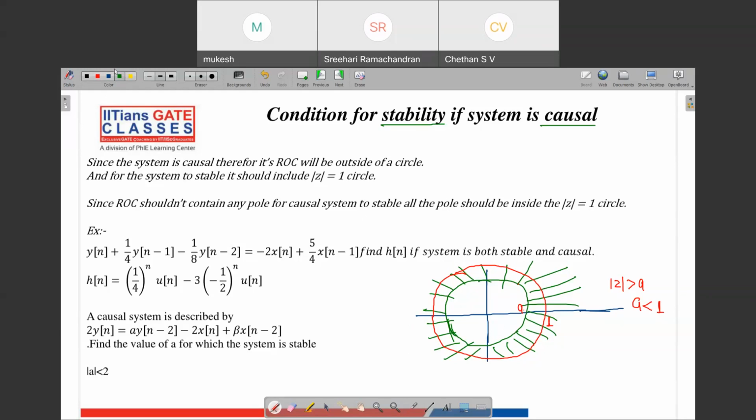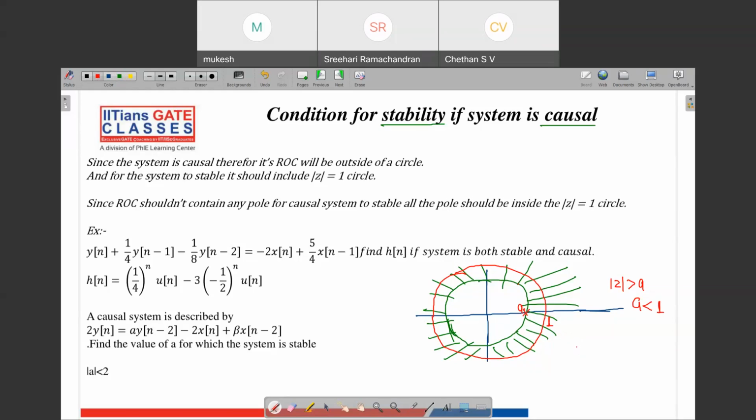Now there is another way to write this. We know that this A is the point of the highest pole, or you can say A is the point which represents the highest magnitude pole.